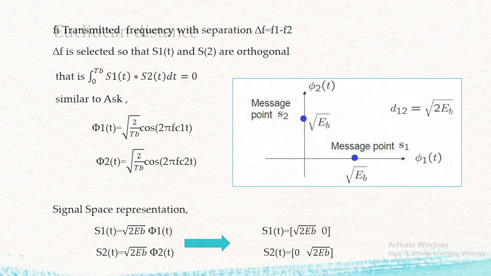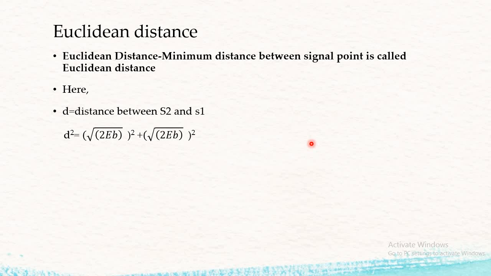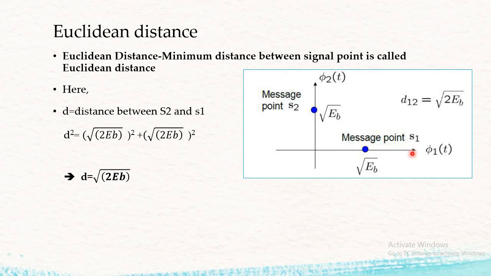Okay. Once the signal space representation is done, we have to find the Euclidean distance. So for the Euclidean distance, this is my diagram. We have to find the distance between these two points, S1 and S2. For finding the distance between S1 and S2, we join these two points, and we use the simple Pythagoras theorem.